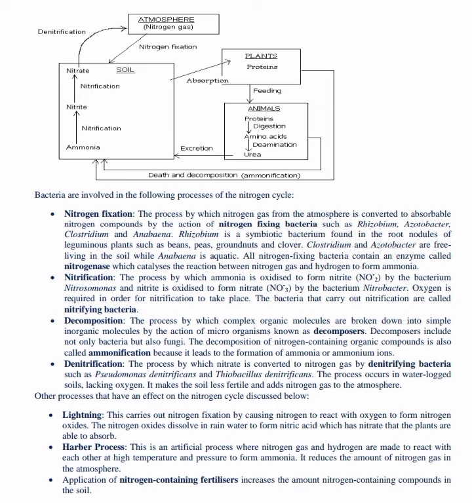And then we move on to what we call denitrification. Denitrification, we are saying, is the process by which nitrate is converted back to nitrogen gas, and this is done through the help of denitrifying bacteria. Okay, we are now converting the nitrates into nitrogen gas.